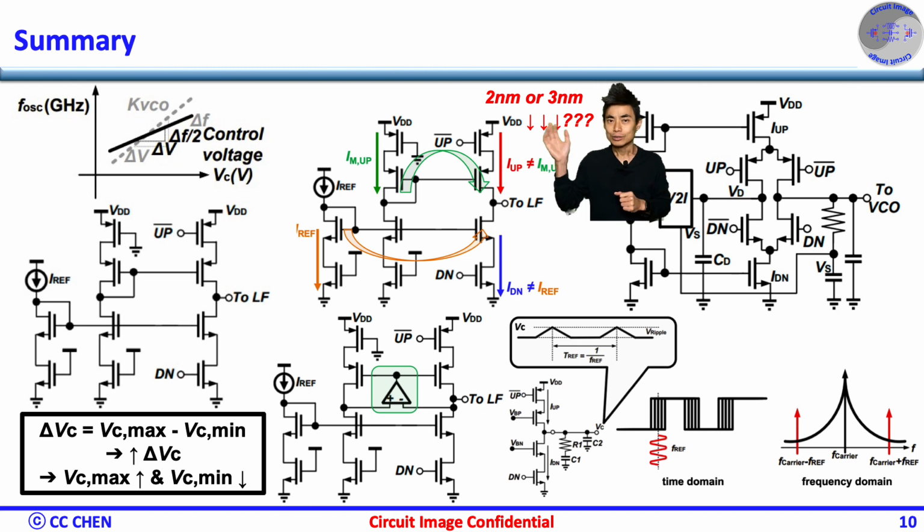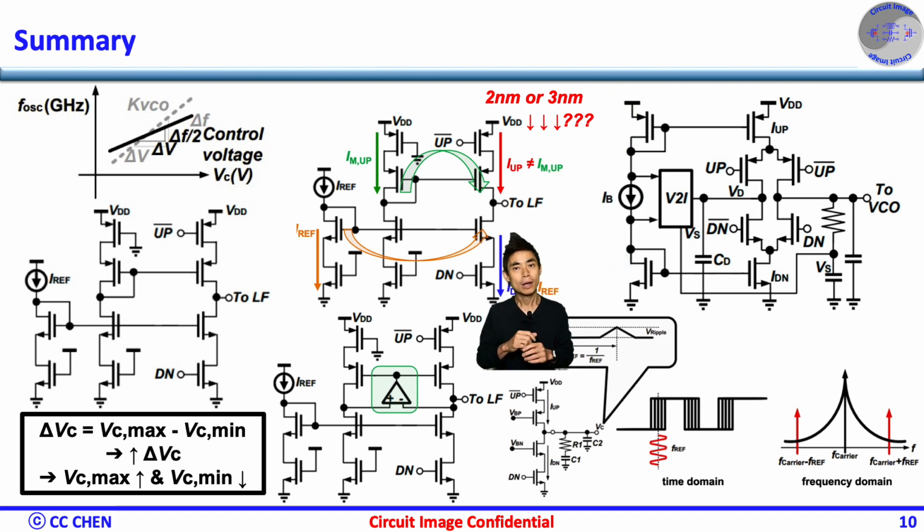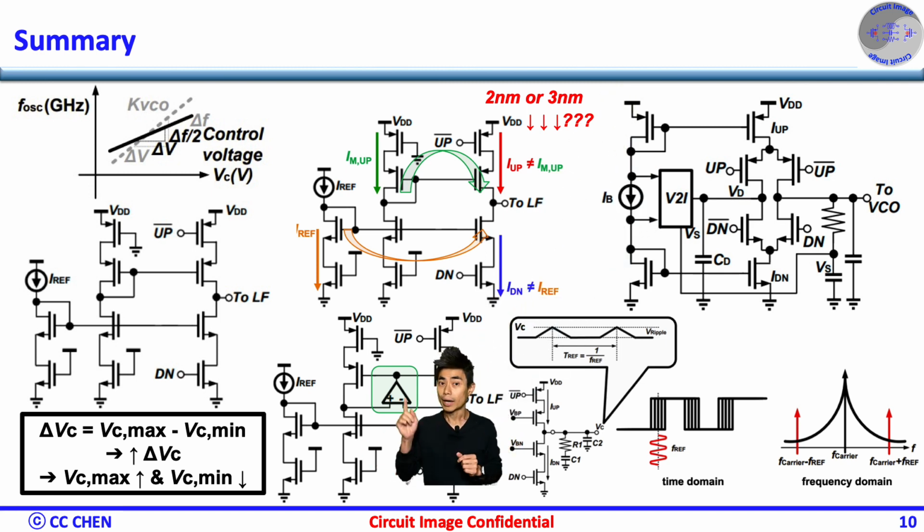Therefore, the charge pump may suffer from the current mismatch due to the channel length modulation without adding a cascode device. What we could do is to add a gain boosting to reduce the current mismatch and reference spur as little as possible.